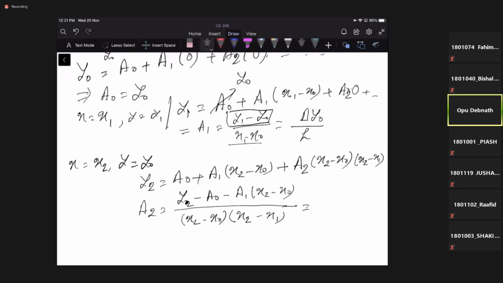So here is another technique. y2 minus a0, and a0 means y0, and this is a1.